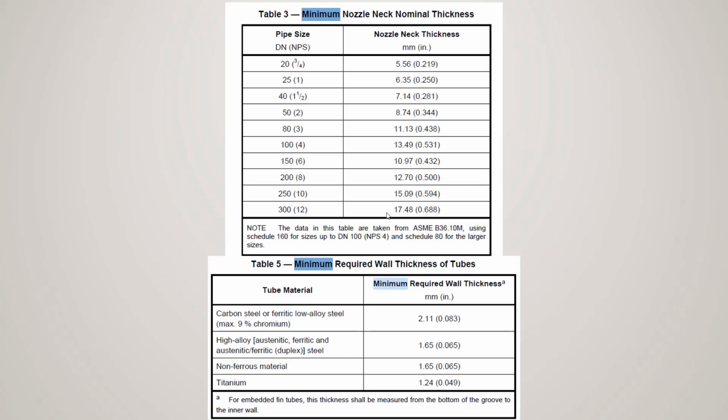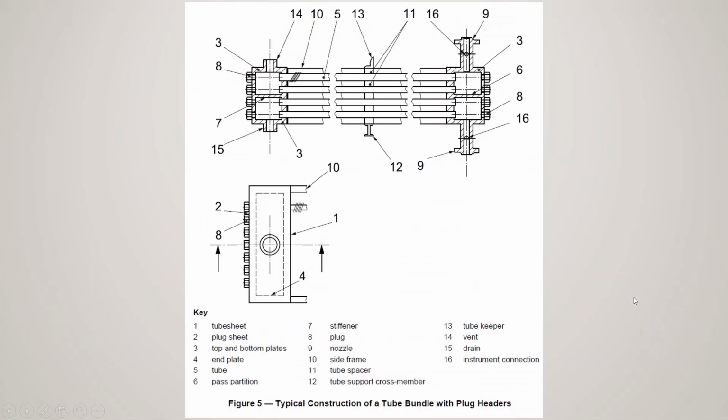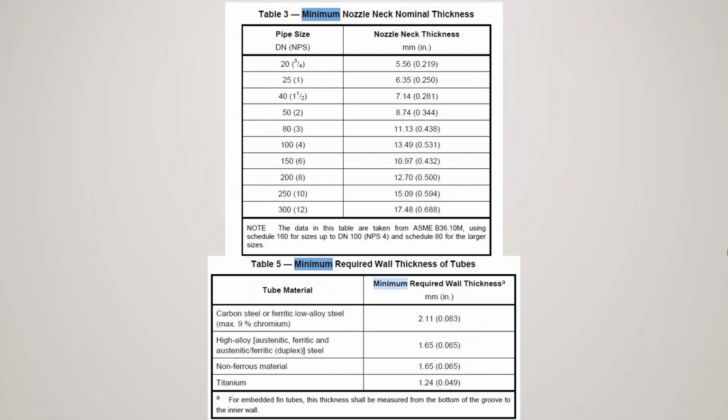Up to NPS 4 or 100 NB, all these are schedule 160, and above NPS 4 it is schedule 80. These are the minimum thicknesses for the nozzles. And as far as I know, there are no different thicknesses for carbon and high alloy steel, all the same.